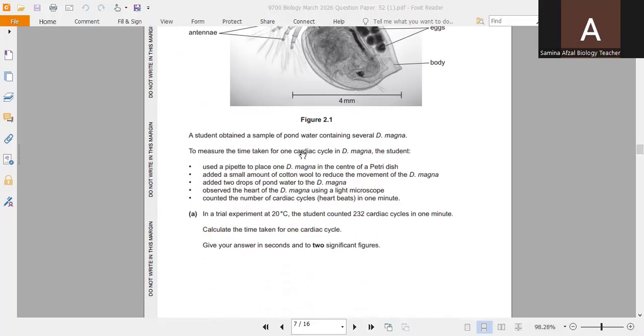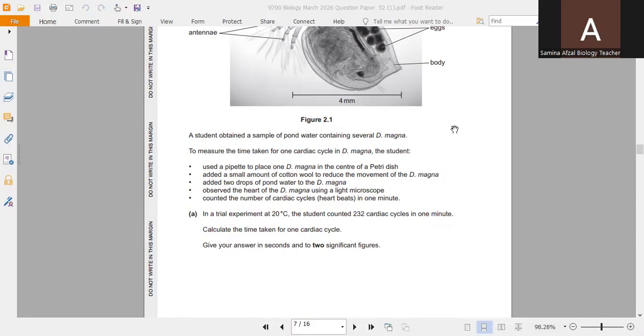To measure the time for one cardiac cycle in D. magna, the student used a pipette to place one D. magna in the center of a petri dish, added a small amount of cotton wool to reduce the movement of the D. magna, added 2 drops of pond water, observed the heart using a light microscope, and counted the number of cardiac cycles, heartbeats, in 1 minute.